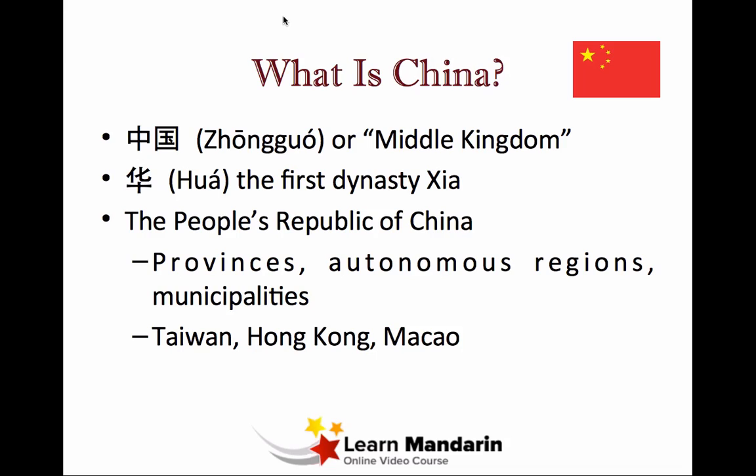The term mainland China is actually a geographic term used to refer to the 22 provinces and the 5 autonomous regions, as well as the 4 municipalities. China is a single party state, and its government is governed by the Communist Party, and the present leader is Xi Jinping.